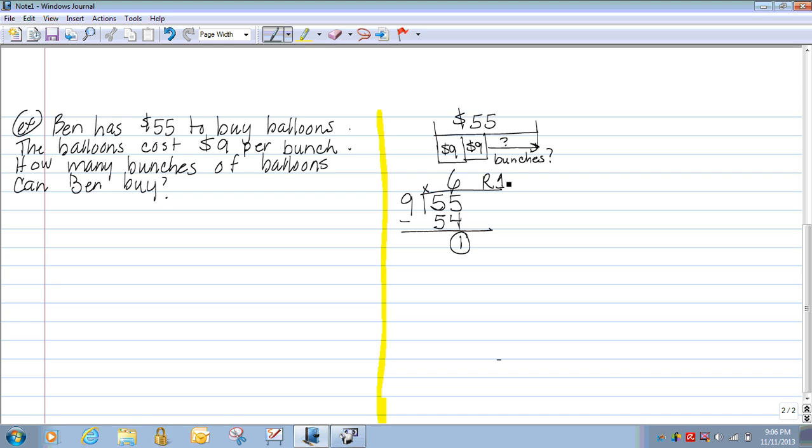Well, the question is, how many bunches of balloons can Ben buy? So let's push pause before we really answer that for you to write your notes. Okay, sometimes when you have a remainder, you need to know this. Sometimes you ignore the remainder.